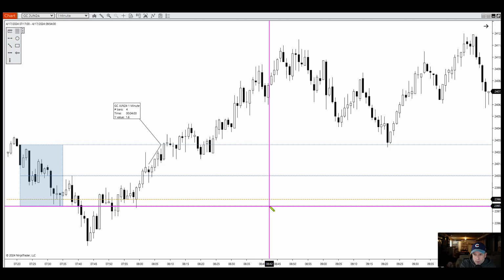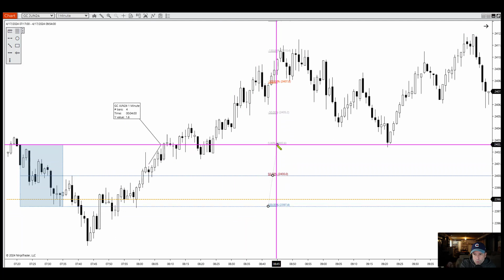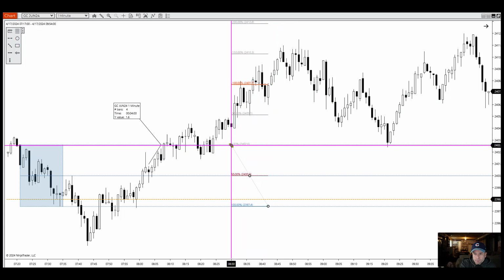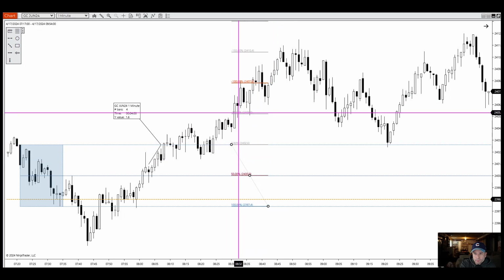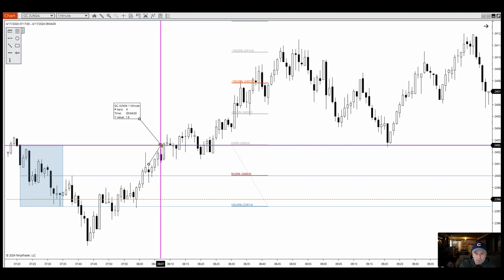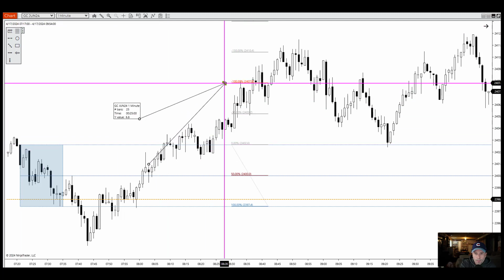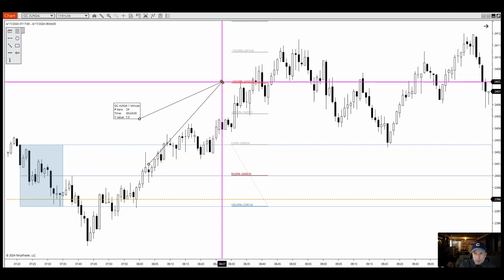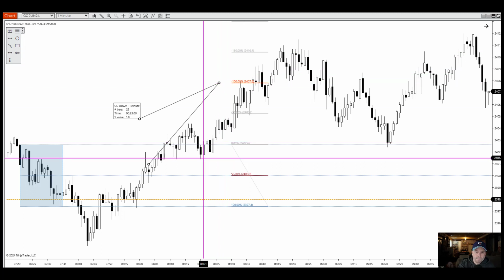Draw the extensions. Whoop. There's your 100% in this candle here. Okay. So it was choppy, but we got there. And that would have been 68 ticks. Now I went further, but 68 would have been my initial target.